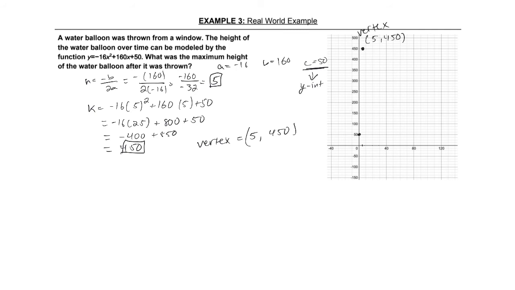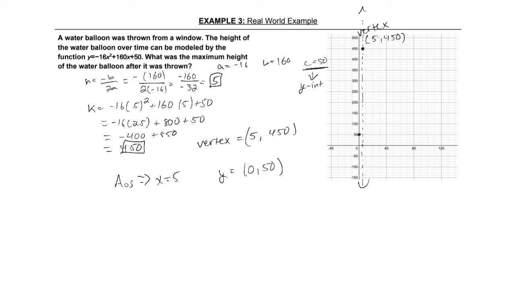Now the axis of symmetry is this line right here, x equals 5. And then we said our y-intercept, which I already plotted, was 0, 50.